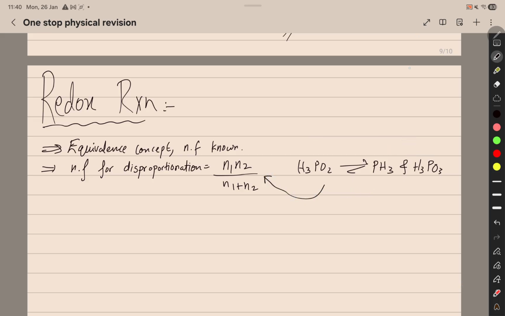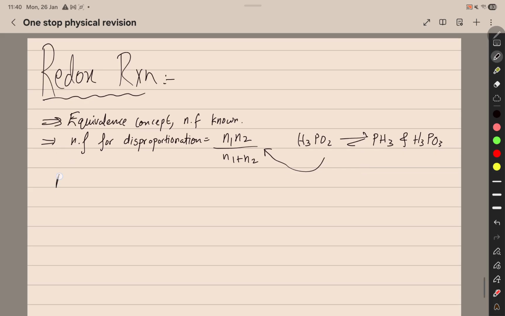Like that, there are also some common n-factors we have to know. It will be easy if you mark these up, or if you just remember them. For example, this reaction: As2S3 with NO3-, forming AsO4 3-, and so on.